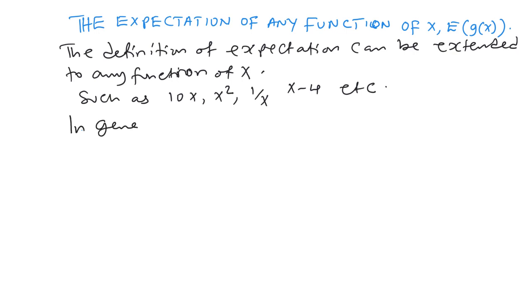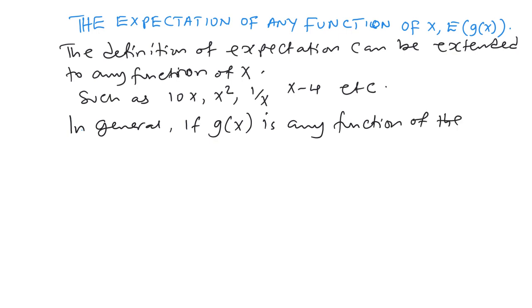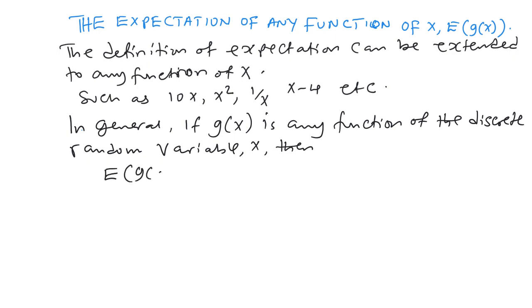In general, if g of x is any function of the discrete random variable x, then we know that the expectation of that function, which is g of x, is the summation for all x's involved.